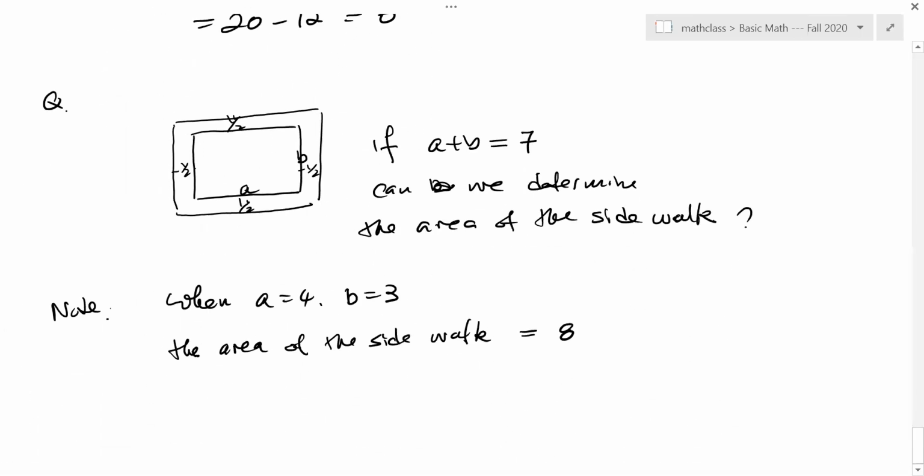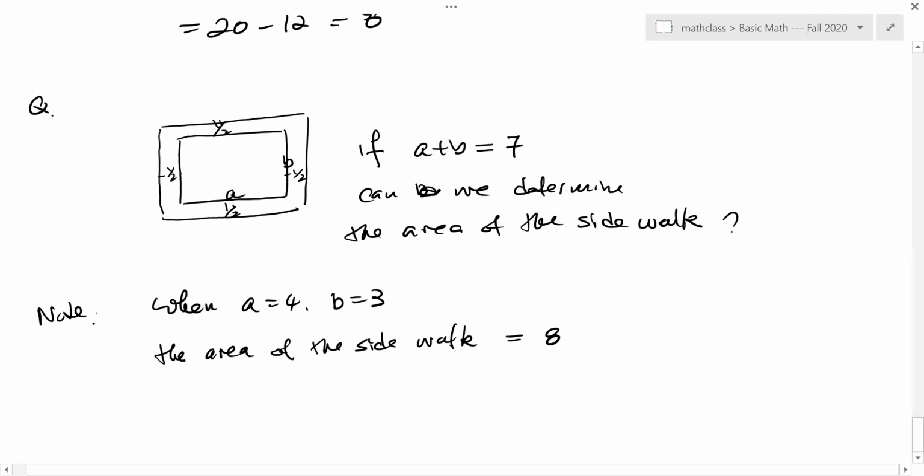But here, you see, partially it is fixed. The width of the sidewalk is always half a foot. That's fixed. In order to get a general theorem, even that one can be arbitrary, then you get a very general theorem. But let's fix this 1/2. How do you find the area?